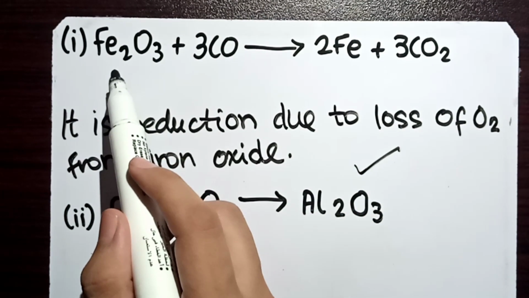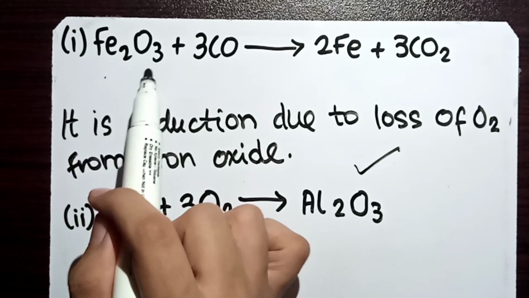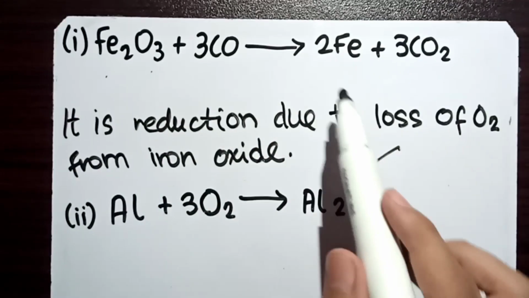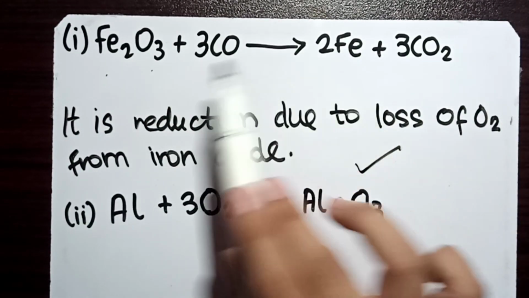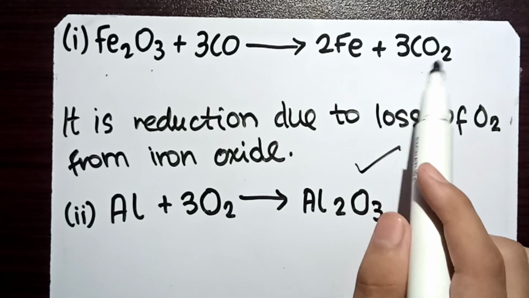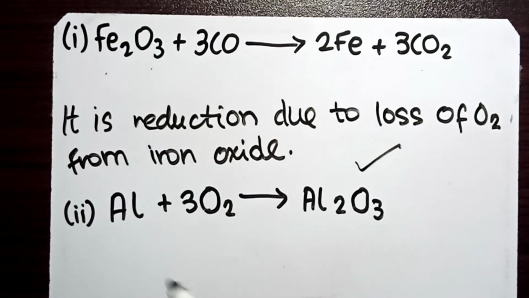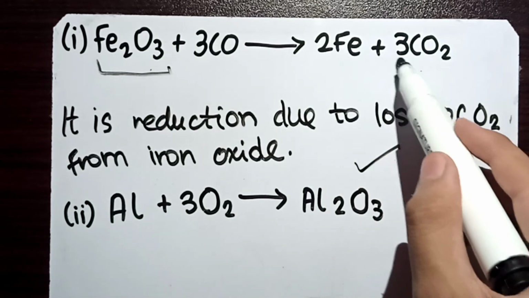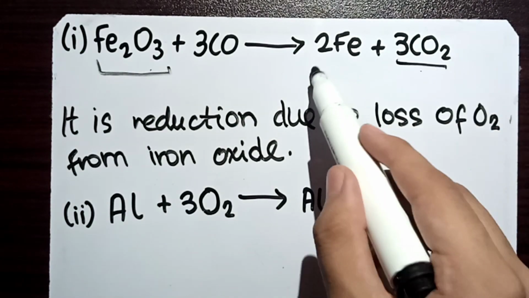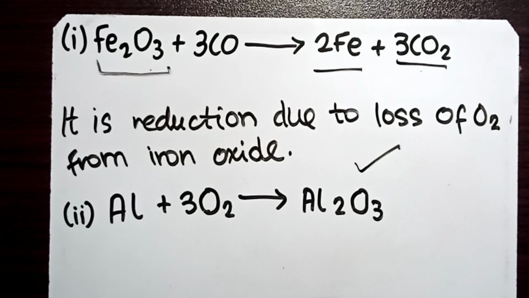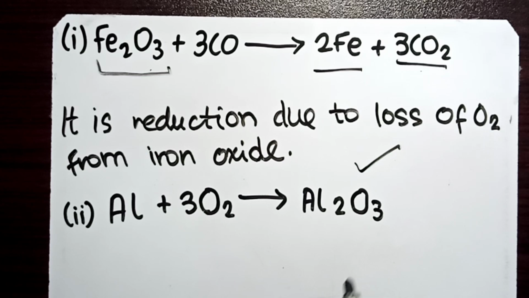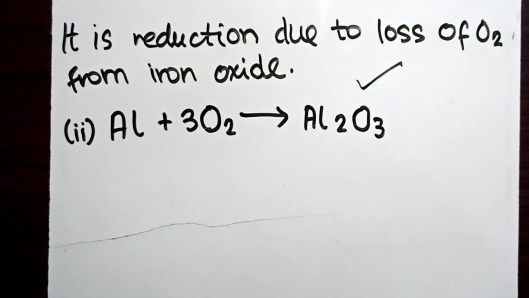In this, you can see that there is iron oxide and 3 moles of carbon monoxide. In the product, there are 2 moles of separate iron and 3 moles of carbon dioxide. So here I see iron oxide, where iron is with oxygen, but in the product the oxygen and the iron are completely separated. So we can say that this is the reduction where there is a loss of oxygen gas.